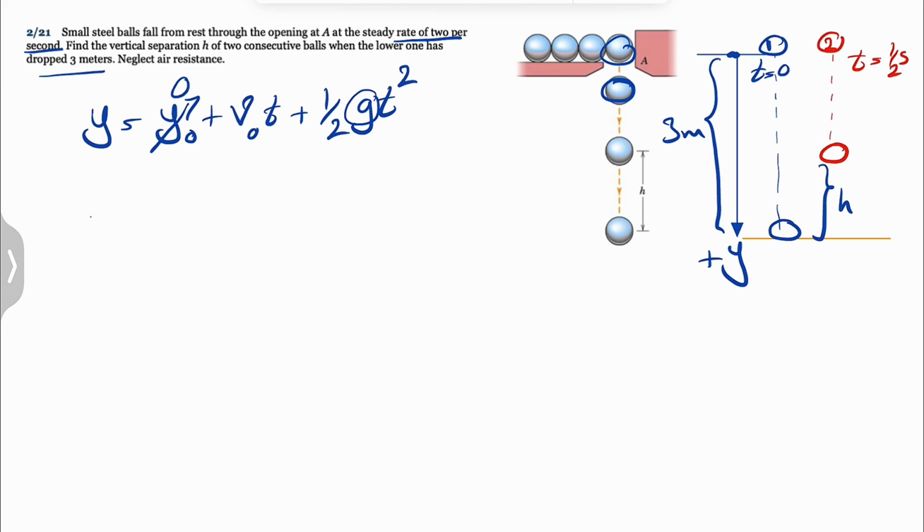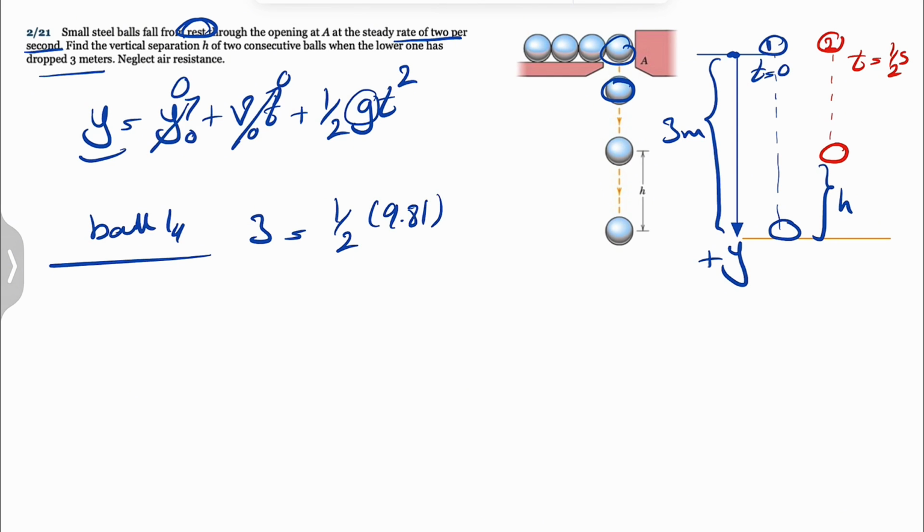For the first ball, ball 1, if we want to write this down, 3 is equal to the initial velocity, which is 0 because all balls fall from rest, so no initial velocity for them, plus 1/2 of g, 9.81 meters per second squared, times t squared.